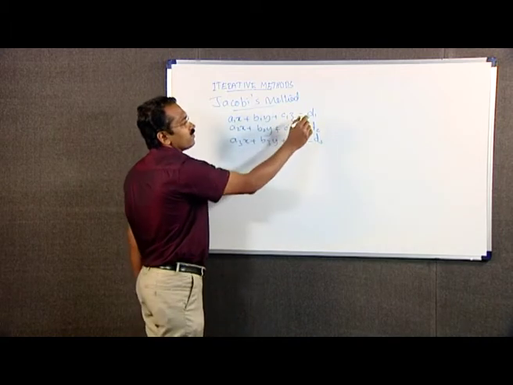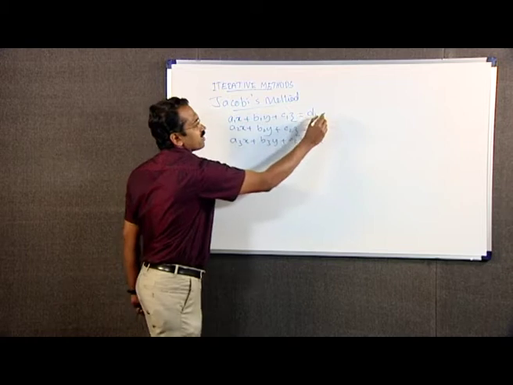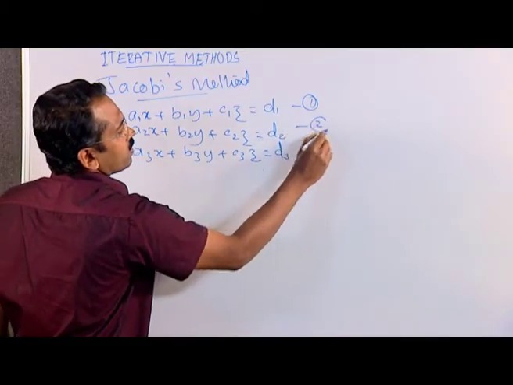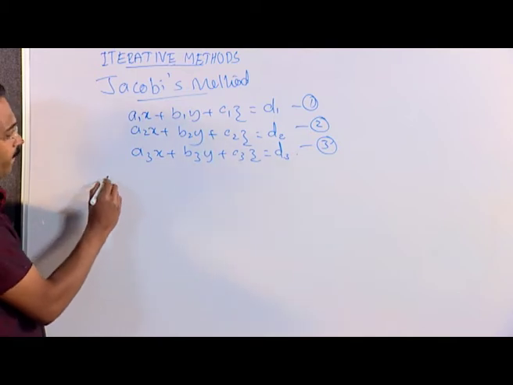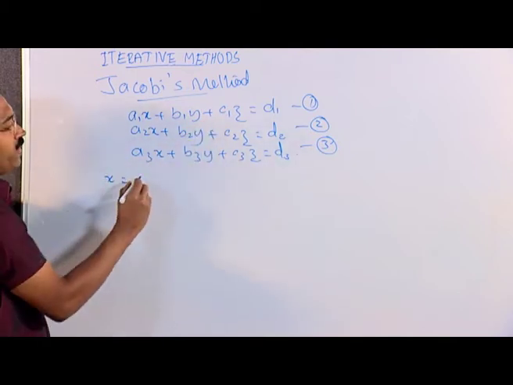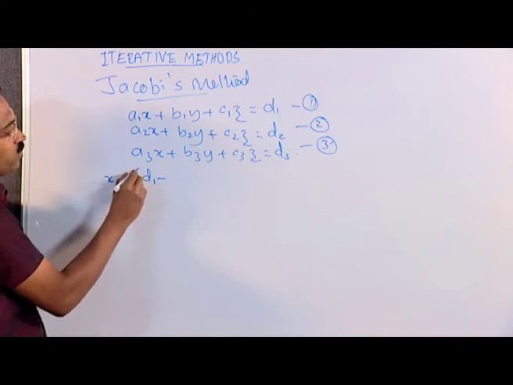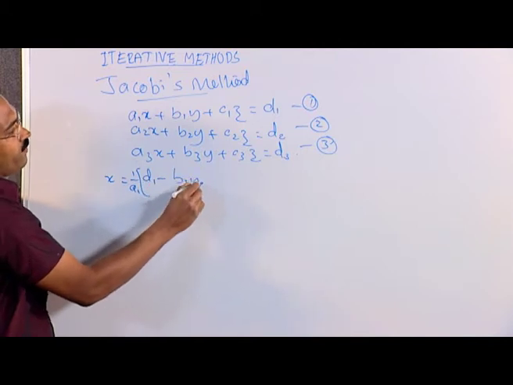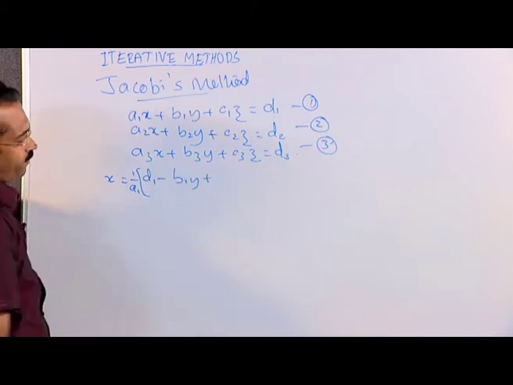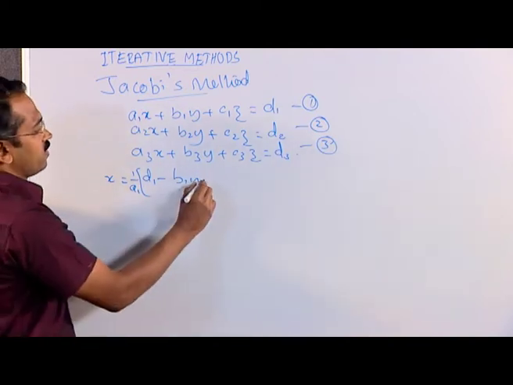From the first equation, we can write x is equal to 1 by a1 into d1 minus b1y minus c1z.